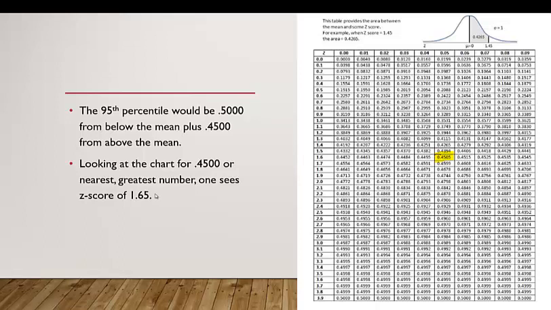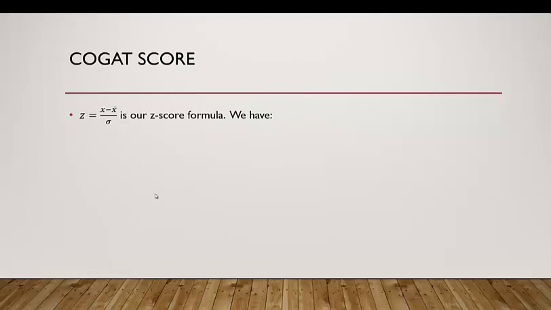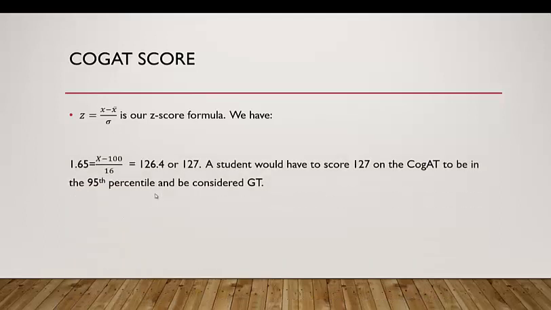Then we can look at our formula and know that a z-score is our individual score minus the mean, over the standard deviation. We're just going to work the formula backwards, using some basic algebra. If we have our z-score and we know what our mean and standard deviation are, how do we find the actual score the student has to get to be considered in the 95th percentile and gifted and talented academically?